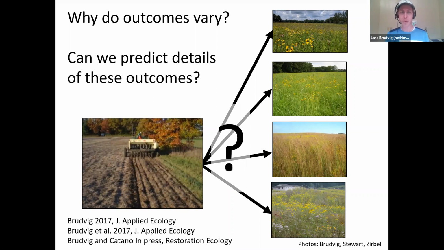Can we unpack some of the reasons for this variation that then can help inform this process of reconstruction and ultimately maybe lead to predictive capacity, where we might be able to confidently say, this is how this prairie will look in 2 years in the future, 5 years in the future, or maybe even from the outset before any reconstruction activities start. This is the way that this prairie might turn out. So these are some of our goals, some of our guiding questions.